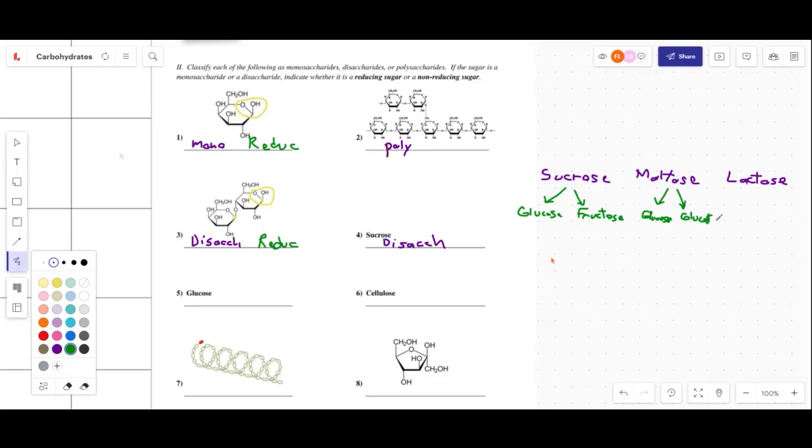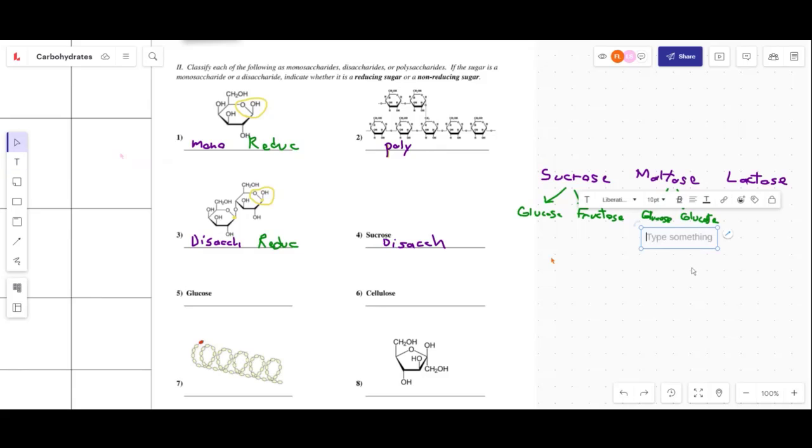I'm going to type it. Glucose and glucose. Okay, two glucose, right? That's maltose. And then lactose is composed of what? Galactose and glucose.